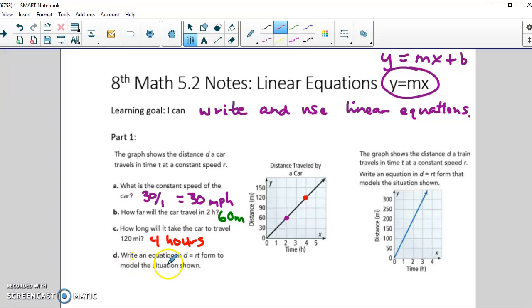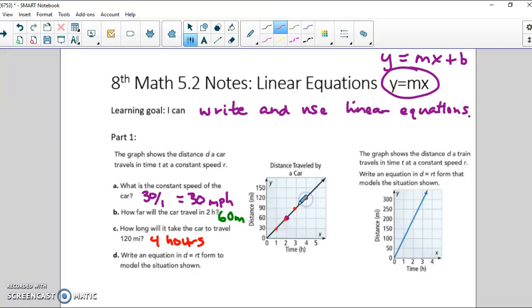And finally, if I want to write an equation in d equals r times t form, distance equals rate times time, that models this situation, then I'm going to use this constant speed that I found. That's going to be my slope. That's telling you how steep my line is. So from one point to the next, I'm basically rising 30, running 1.